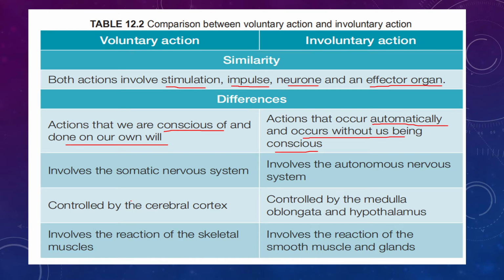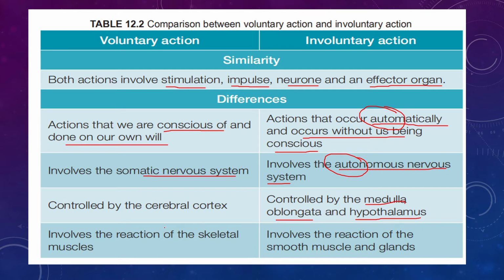Voluntary action involves the somatic nervous system. Involuntary action involves the autonomic nervous system, so by the term here, auto. Voluntary action is controlled by the cerebral cortex, but involuntary action is controlled by the medulla oblongata and the hypothalamus.